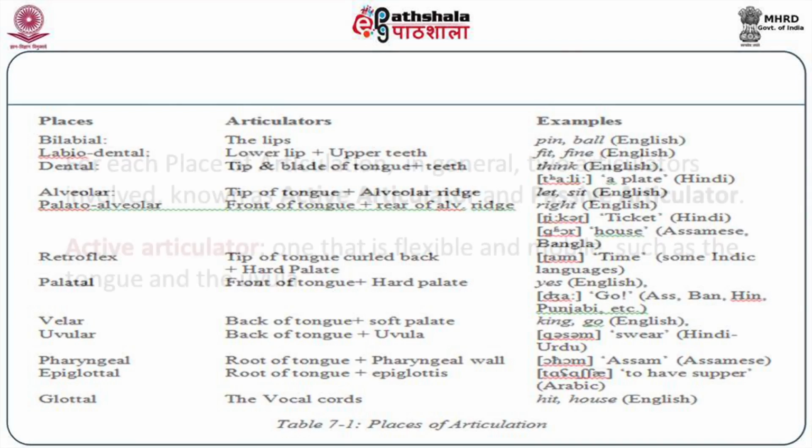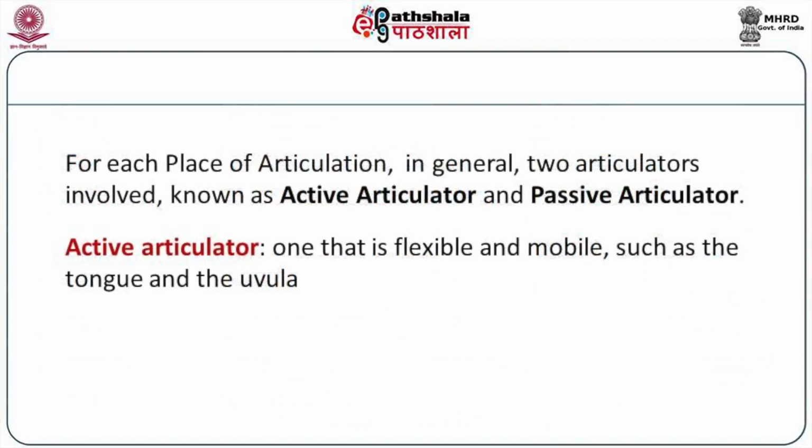Now, you notice that for each place of articulation in general, there are 2 articulators involved. They are known as active articulator and passive articulator. The basic difference between the 2 articulators is that in one, namely active articulator, the articulators are flexible and mobile, such as the tongue and the uvula.